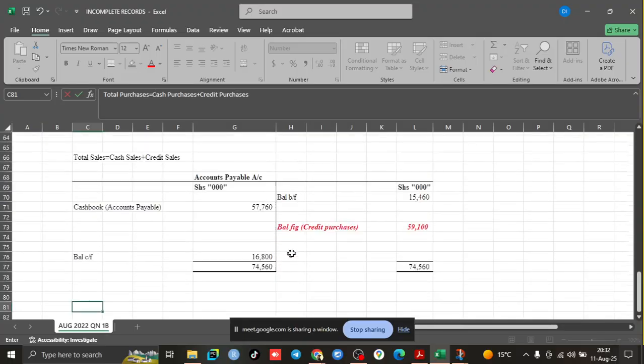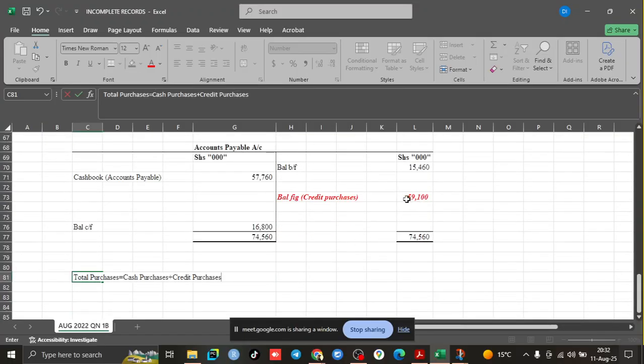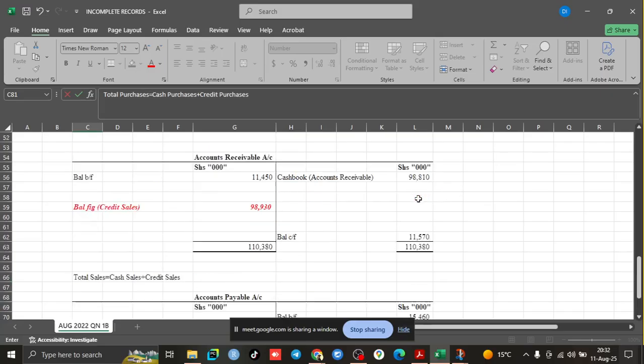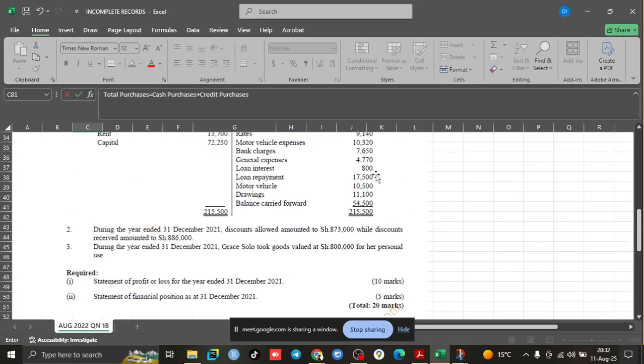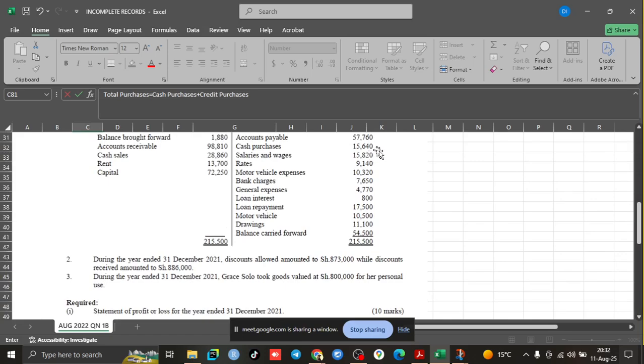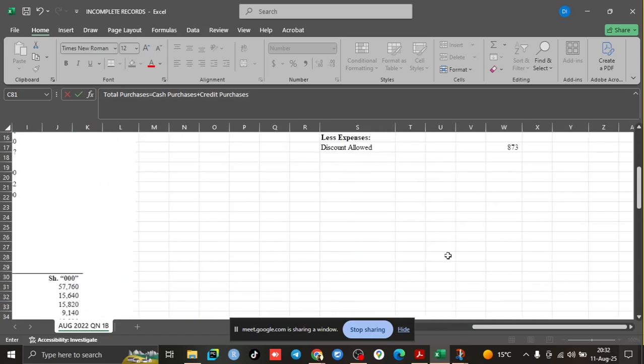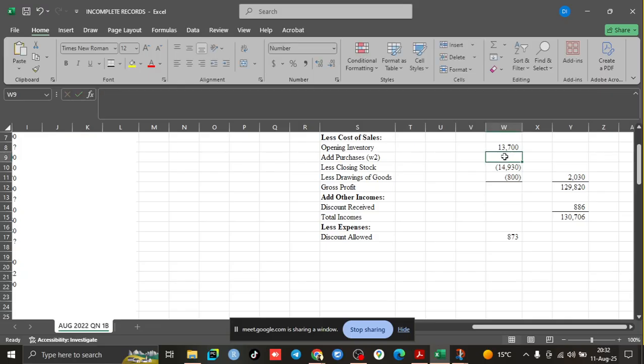On credit tuko na 59,100. So total purchases equal 59,100 plus 15,640. So hiyo ndio purchases. Opening inventory, add purchases, less closing inventory.